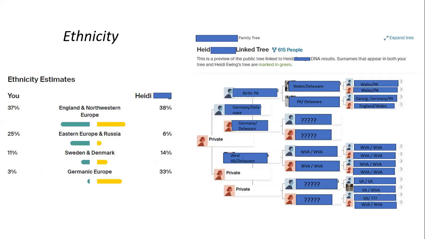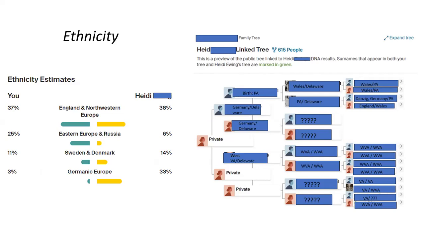Okay, so if we look at Heidi's tree, she's got, if you look back up at the grandparent, great-grandparent level, Wales, Pennsylvania, Danzig, Germany, Pennsylvania, England. I put their born and then passed away in those 2 locations. And then you look at the maternal side, and we have got pretty much West Virginia and Virginia all the way down.